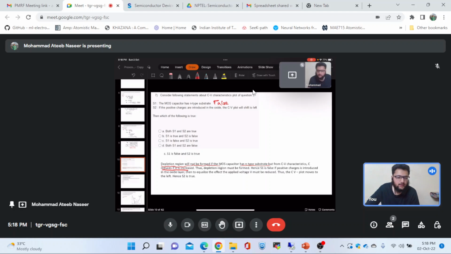Now, let's see what will happen to this CV curve if we introduce some positive charge in the oxide.